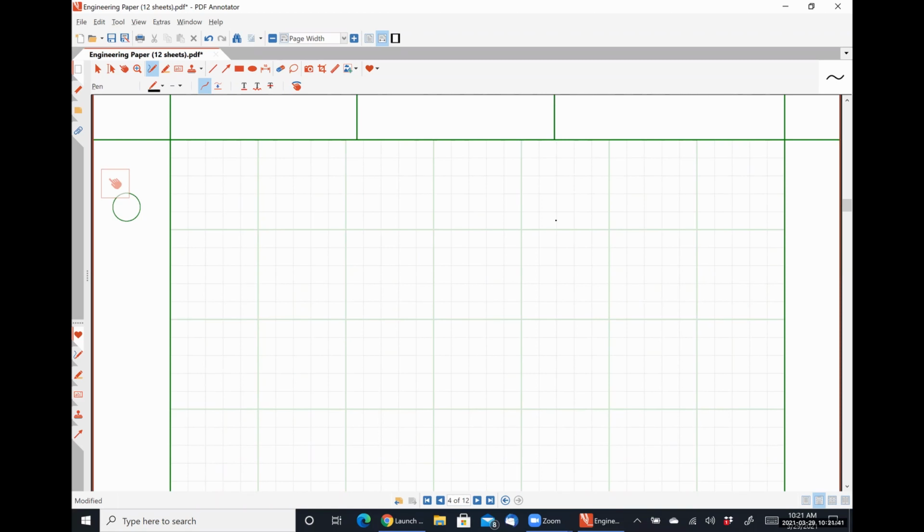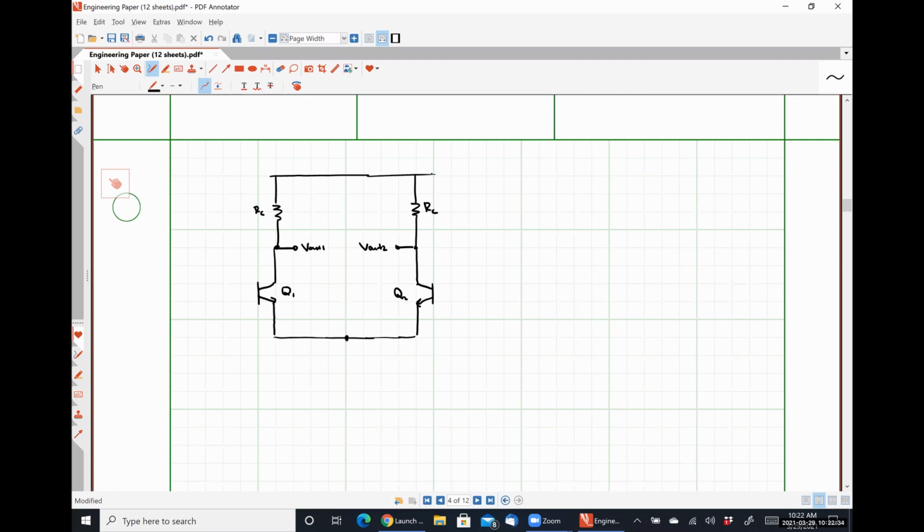So if I have my differential pair amplifier, V out 1, call this guy Q1, call this guy Q2, V out 2, RC, like so.